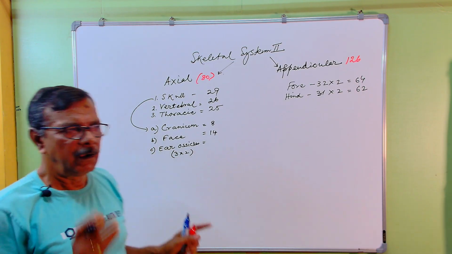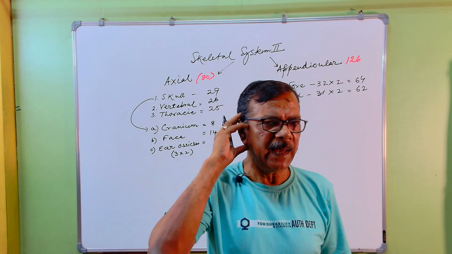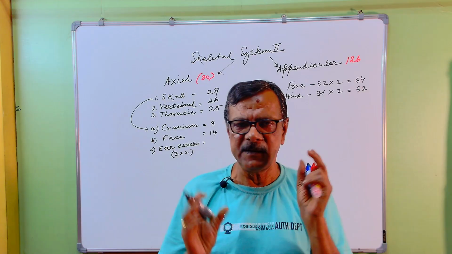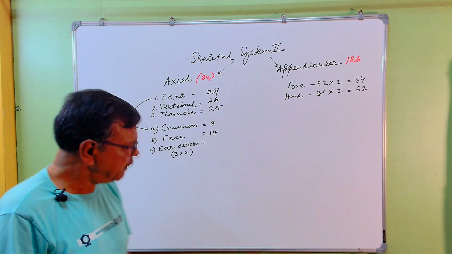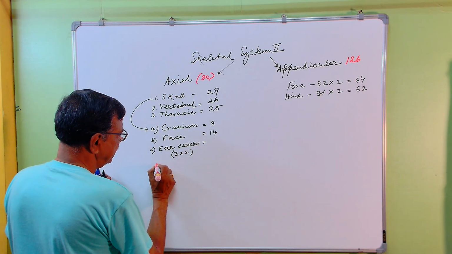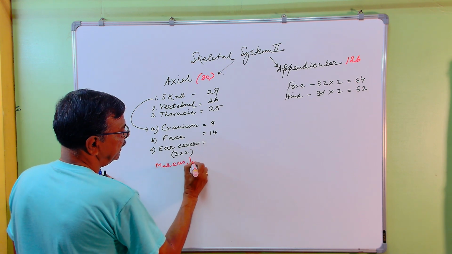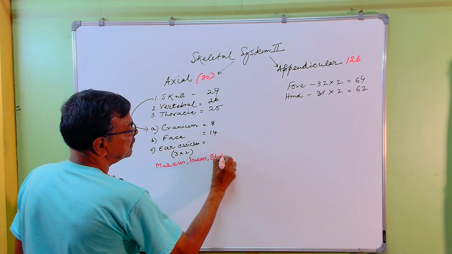Three bones on each side. In the ear, we have 3 bones: malleus, incus, stapes.